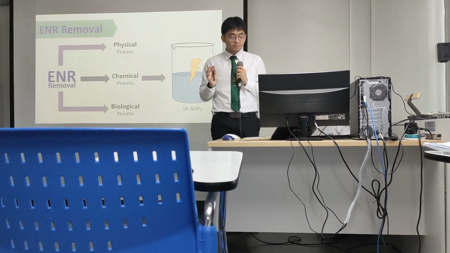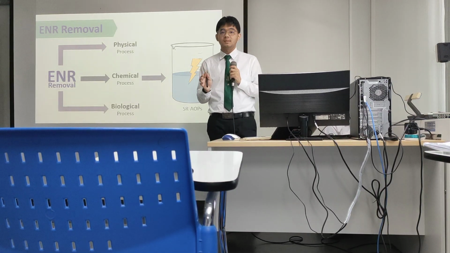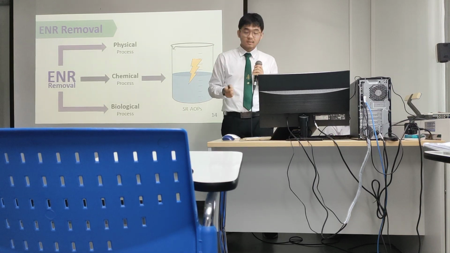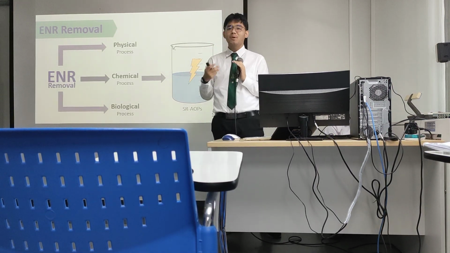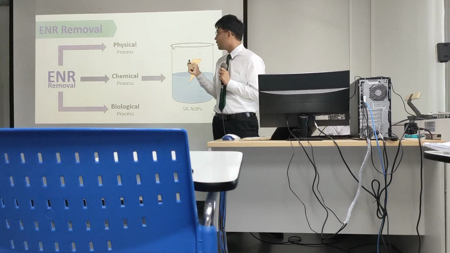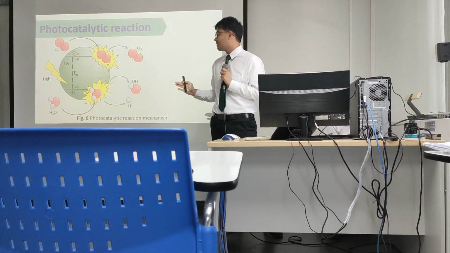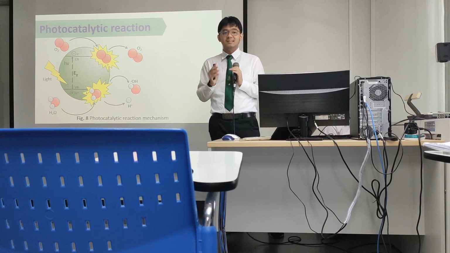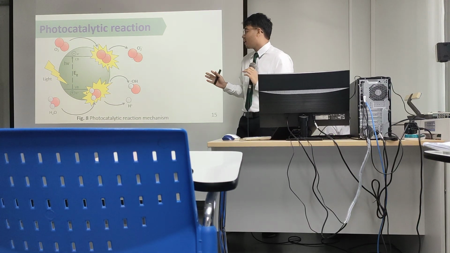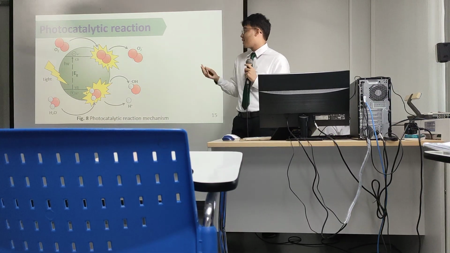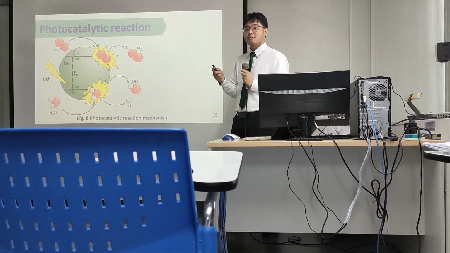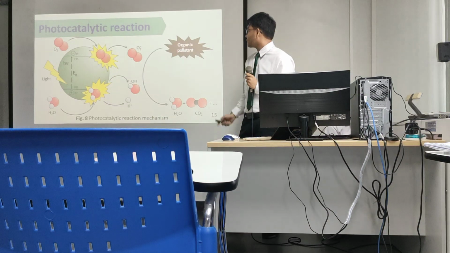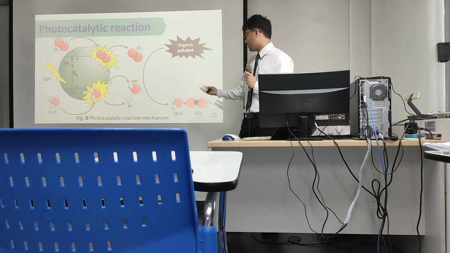The sulfate radical advanced oxidation process is widely used, but today I will enhance it with a photocatalyst. A photocatalyst is a catalyst that needs light to activate. When it's activated, it can produce more radicals, and the radicals react with organic pollutants.